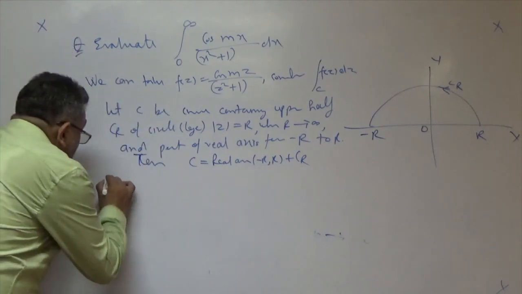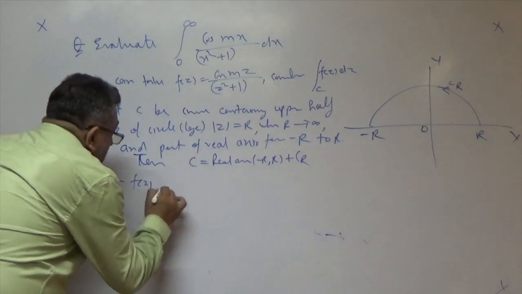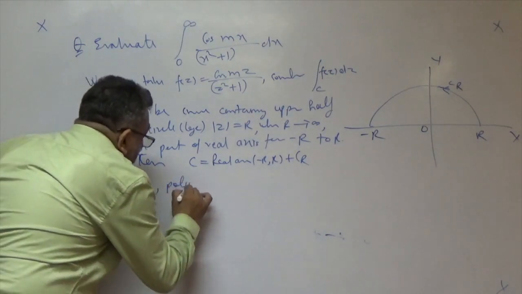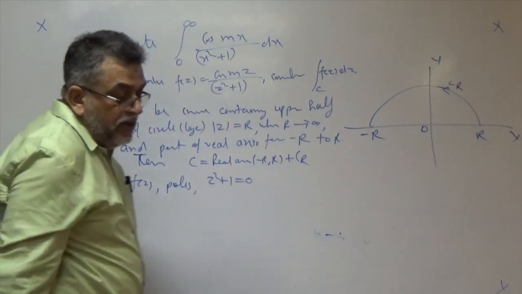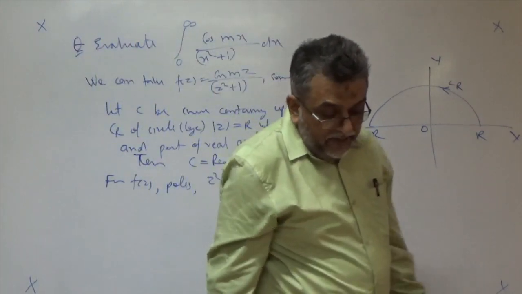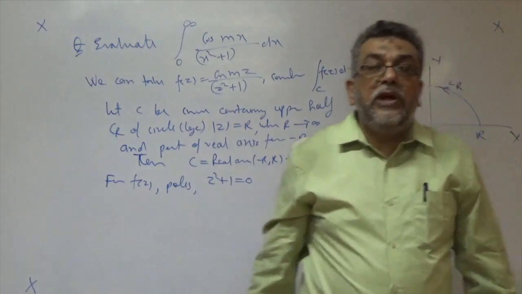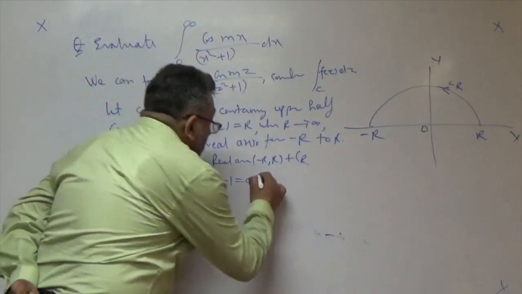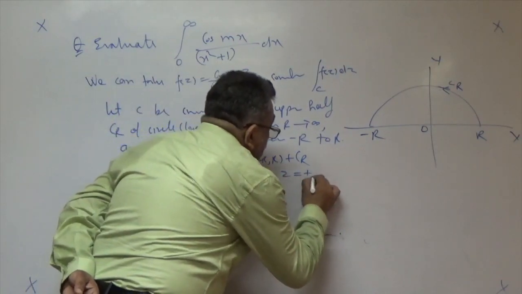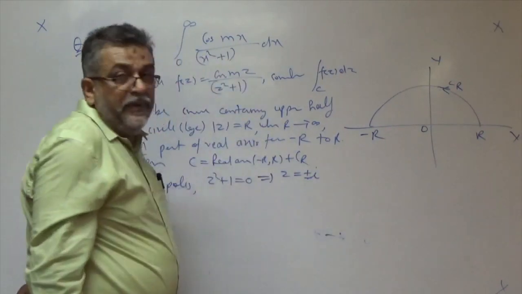So for f(z), the poles: you know that poles mean the points at which f(z) tends to infinity, then we put z squared plus 1 equal to 0. Solve this, we get z equal to plus minus i.